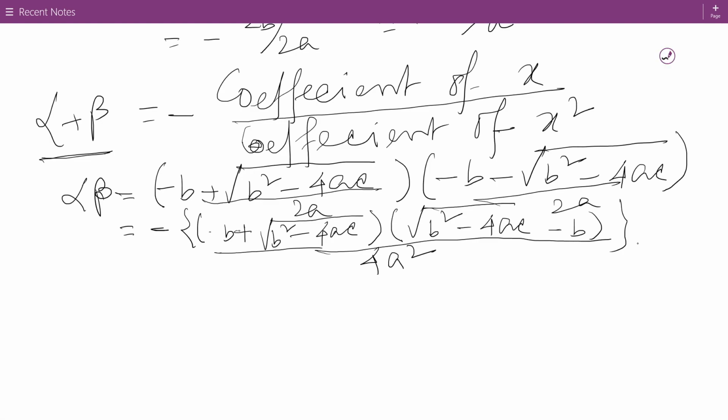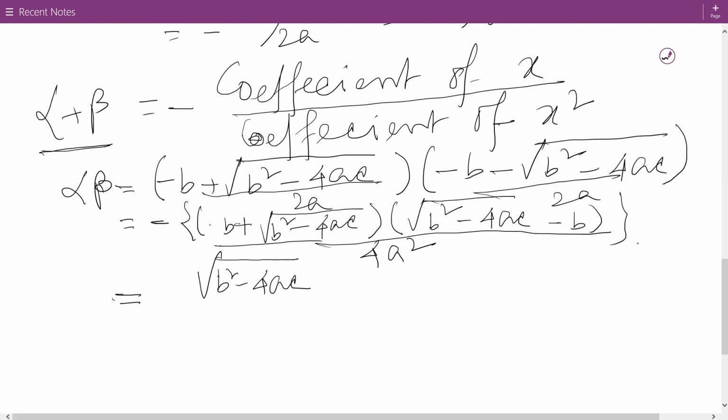Then you can write for this expression a plus b into a minus b, b square minus 4ac whole square.